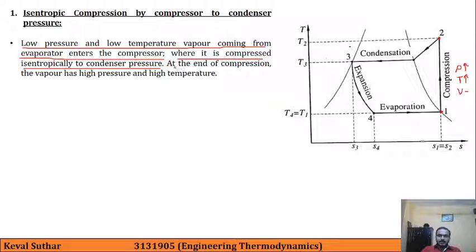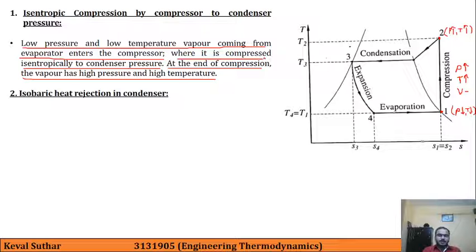At the end of compression, the vapor has high pressure and high temperature. So at point 1 we were having P low and T also low, and here P has increased and T has also increased.